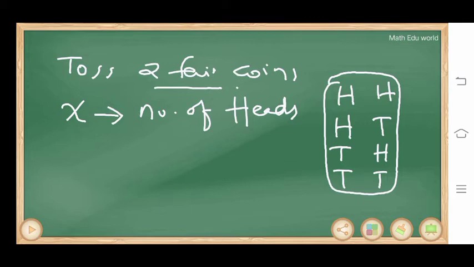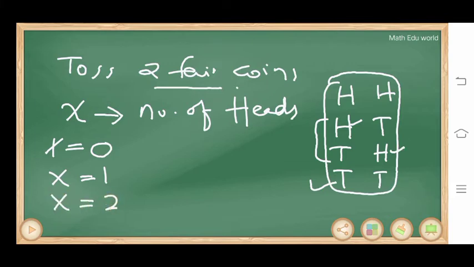Then when we look at X here, X is 0. That means the number of heads is 0, which represents this one. X is equal to 1 represents these two cases. That means one head and one tail. And X is equal to 2 represents 2 heads.